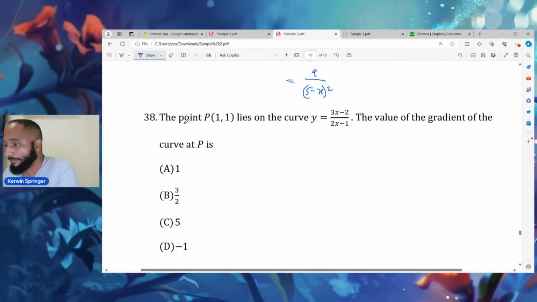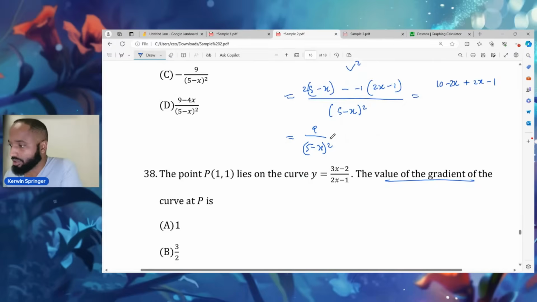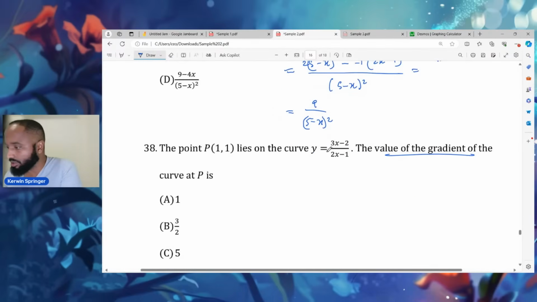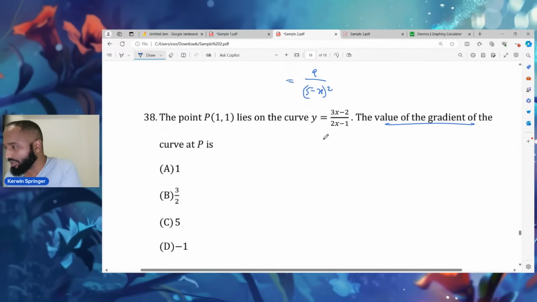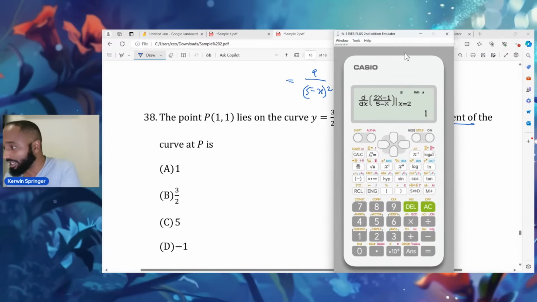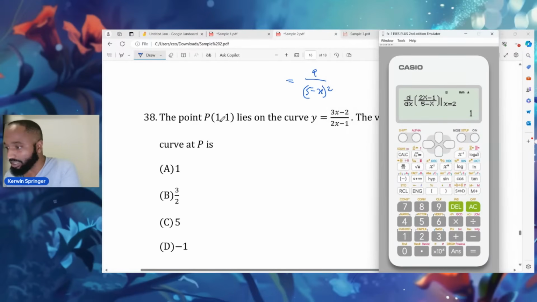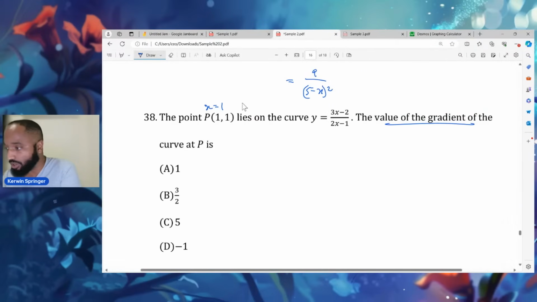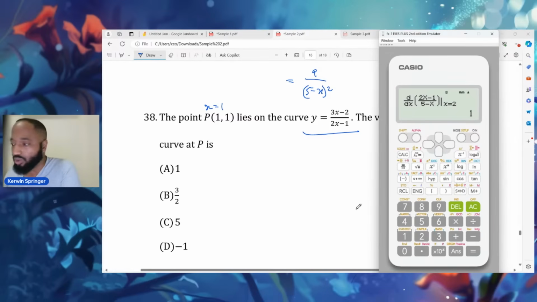The point P, 1 lies on the curve, blah blah blah. The value of the gradient. They reuse this. The value of the gradient, right? So this is a case where you could directly use this because you know what x is. x is 1 and you have the y. So instead of having to differentiate a whole quotient rule again, you can do this. You can watch it again.